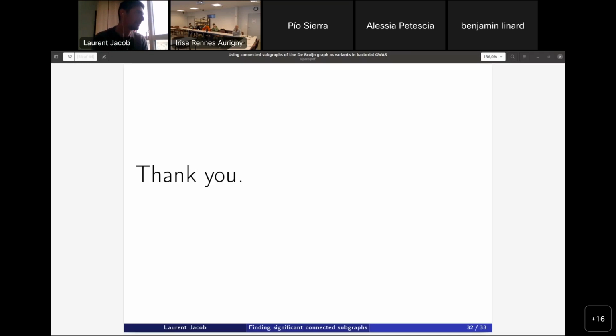We are using heuristics. Like we stop exploring when we have too many nodes. At some point, we say, okay, this is too big, it's not interesting for us anymore, so we don't explore. And also, we stop the exploration at some point. We have a heuristic for that because otherwise it's too long.